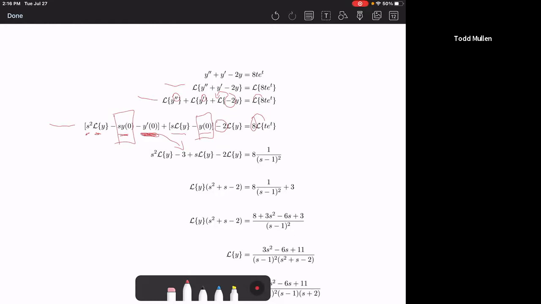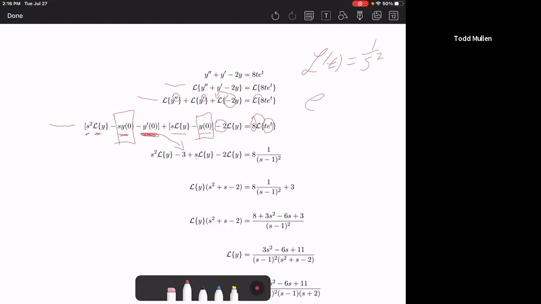We know from before that the Laplace transform of t e to the t is 1 over s minus 1 squared. Now we'll just stop for a second and explain why that is. We recall, or also we can look at the table to see, that the Laplace transform of t is 1 over s squared.